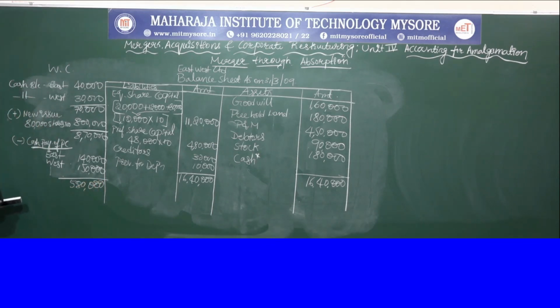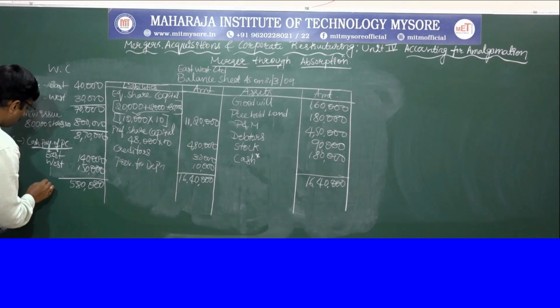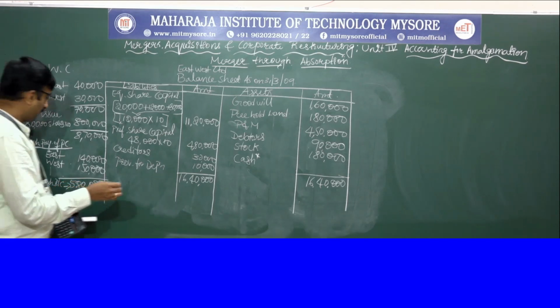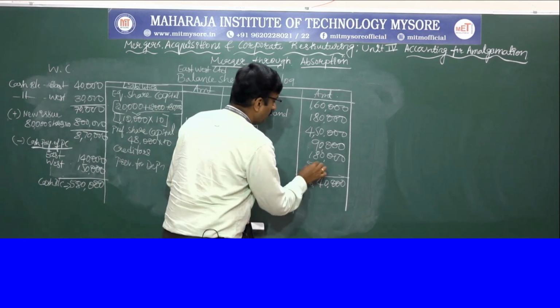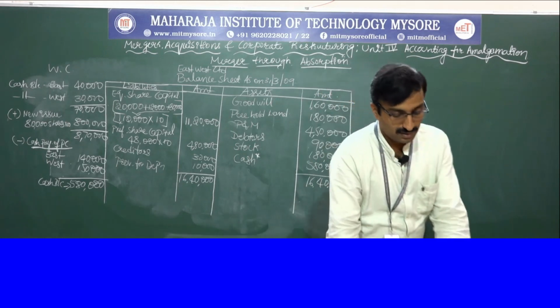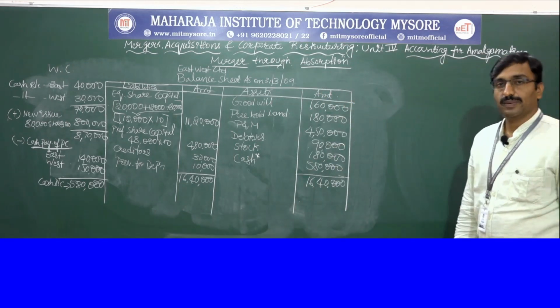This is the cash balance. So this is how we solve the problem on the absorption method.